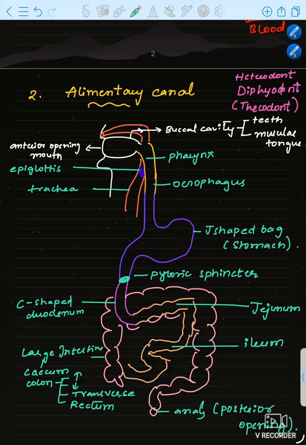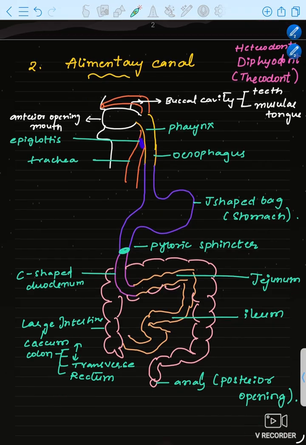At that time the cartilaginous flap closes over the trachea so that there is easy passage of food into the esophagus. When you are talking, this flap does not close, so the food enters the trachea and you cough. That's why don't talk or laugh while eating.